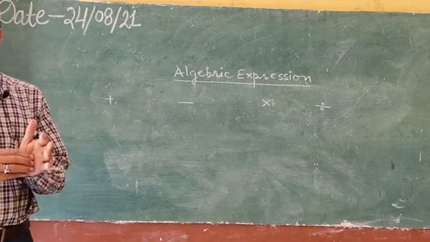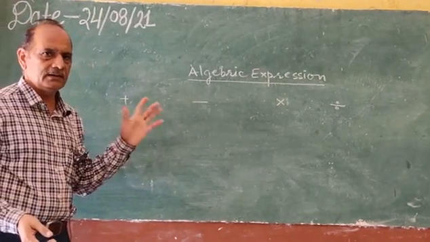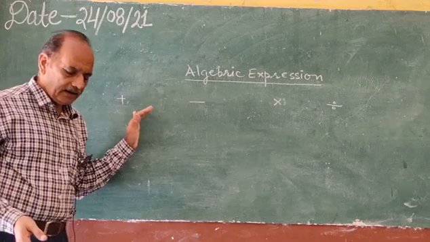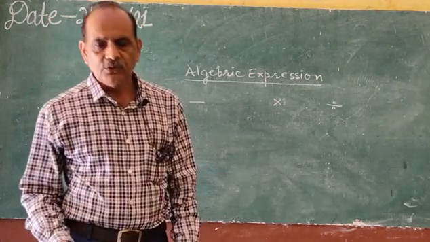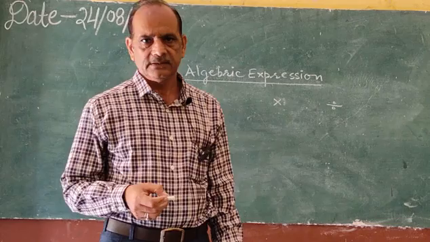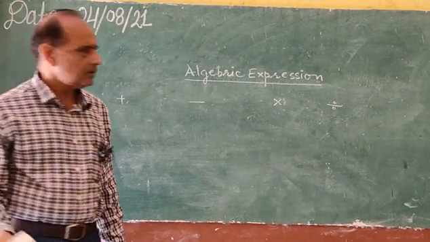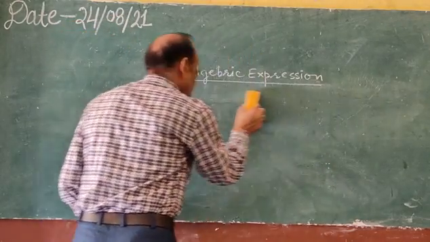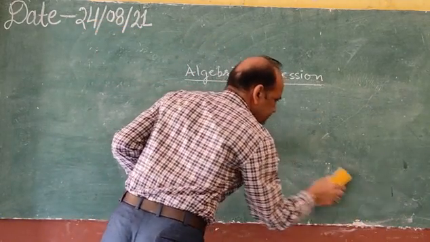Simple addition, subtraction, multiplication and division you can solve easily. But in algebra, there are some rules, and we use variables also with numerals. Now, how are they added, subtracted, multiplied or divided?